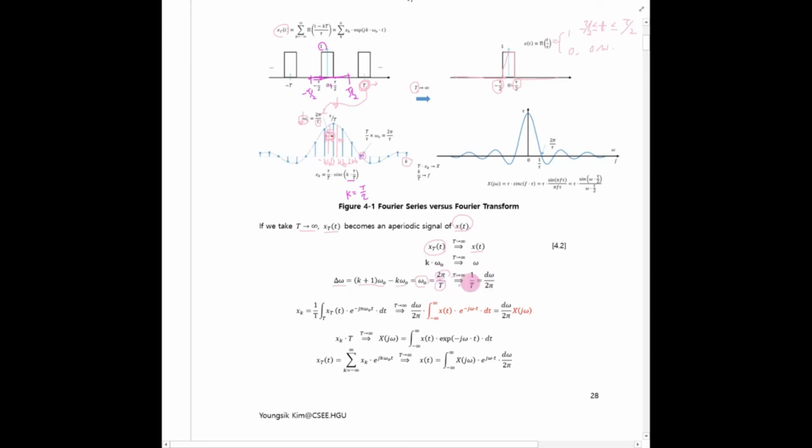We call this frequency difference delta omega, sometimes d omega, a very small frequency step, which equals 2 pi over T. That's shown here: delta omega is 2 pi over T. Then we can think about 1 over T, which should be equal to d omega over 2 pi.